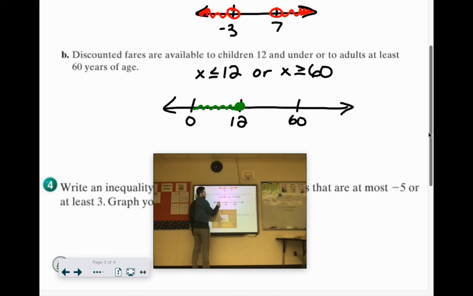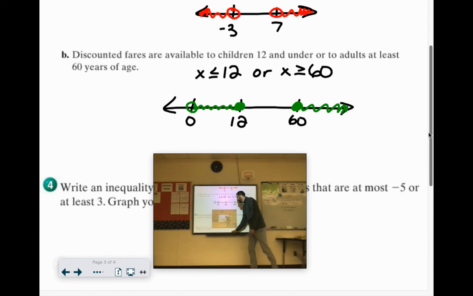I'll have it go to 0, but an open dot, because they're probably not going to be being born and also getting on the bus at the same time, right? So it's going to have to be greater than 0. They're going to have to be at least 1 second old to get on this bus or plane. I don't know what it's talking about here. And then 60 plus. They might live forever. Who knows? We don't know how old they'll be.